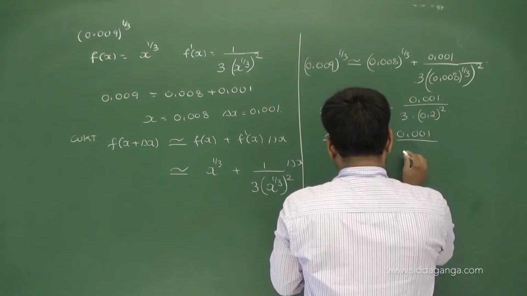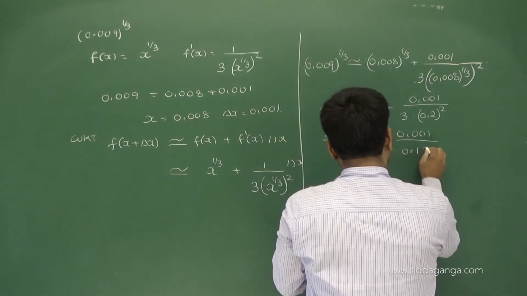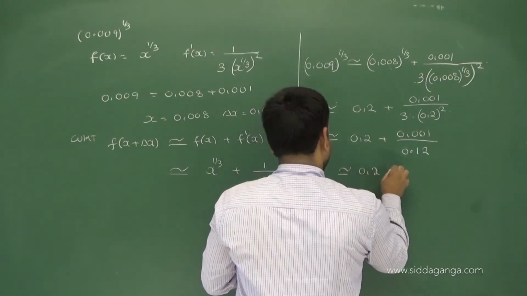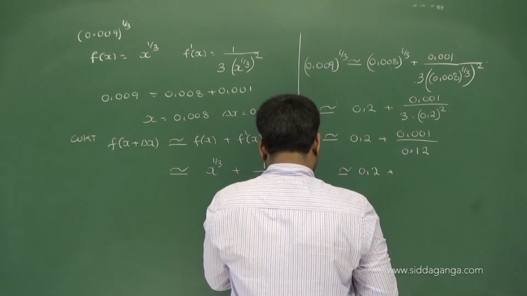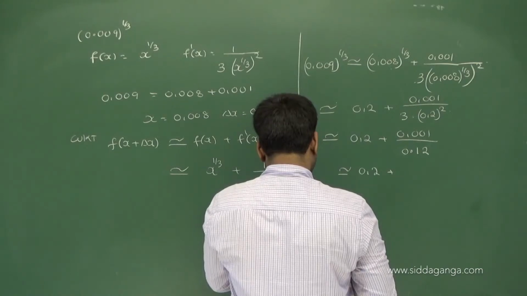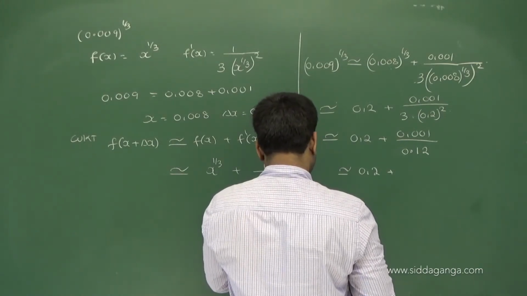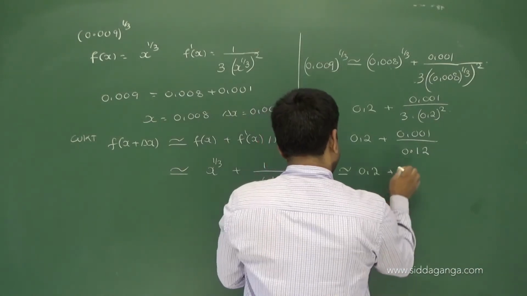So what we got? 0.12. This value is approximately equal to 0.2 plus 0.001 divided by 0.12, is how much?